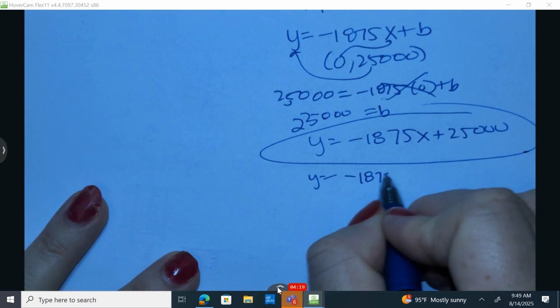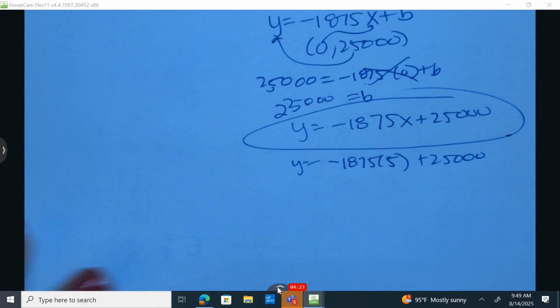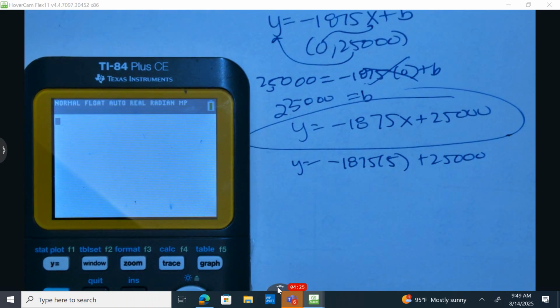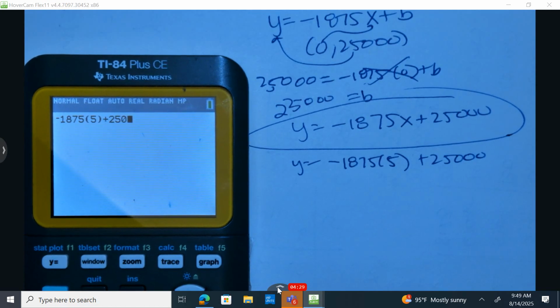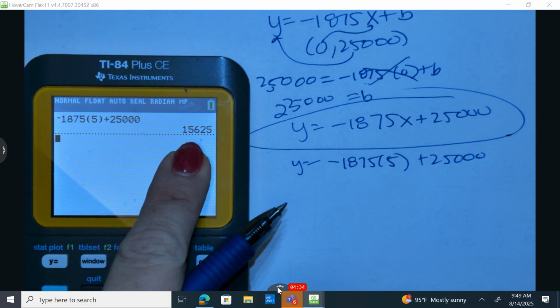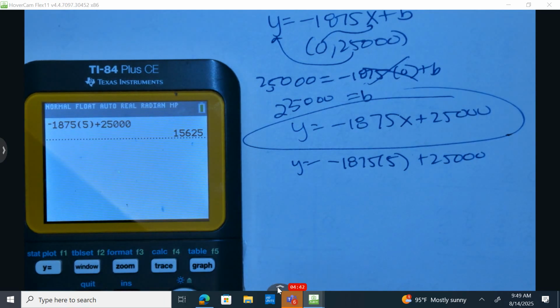So I'm showing my work like this, exactly what I'm showing, and that's expected for you, and then I'm grabbing my calculator and doing the rest here. If you only put in your final answer and I don't know how it was achieved, you do not receive credit. So we can assume 5 years after the initial new car was purchased, it would be worth $15,625.